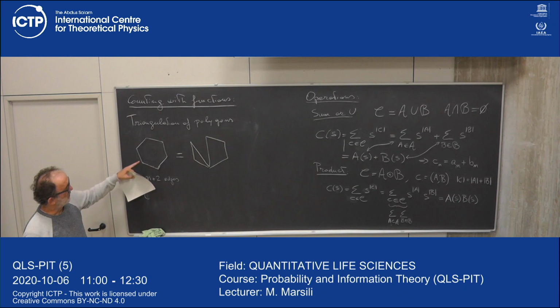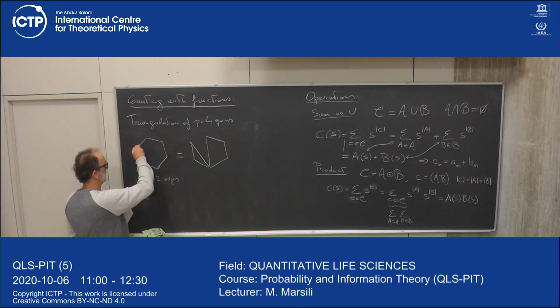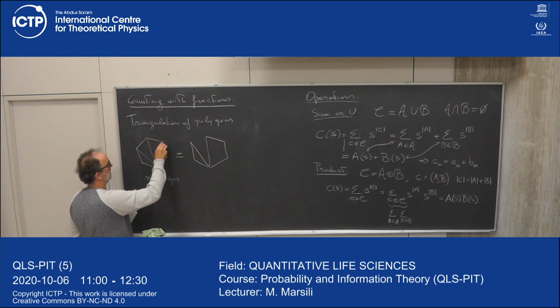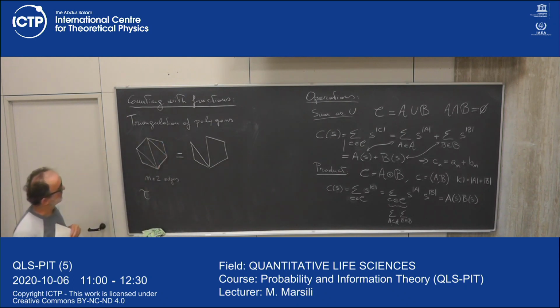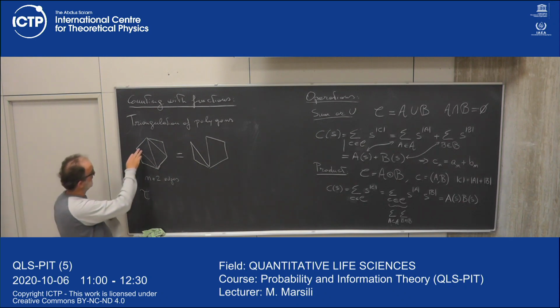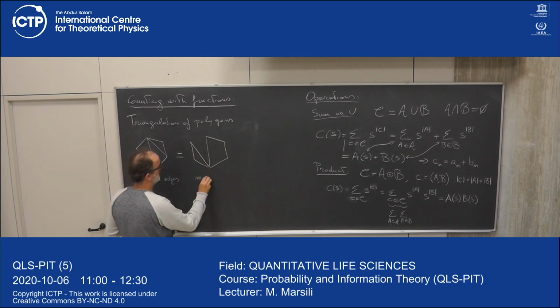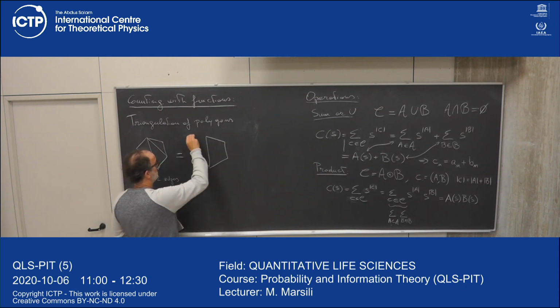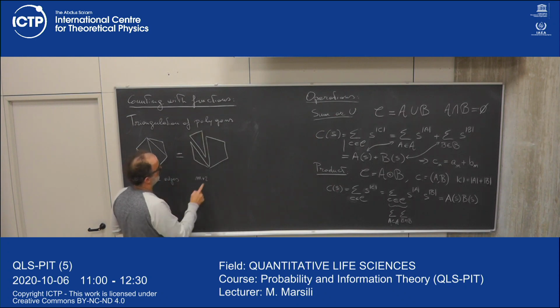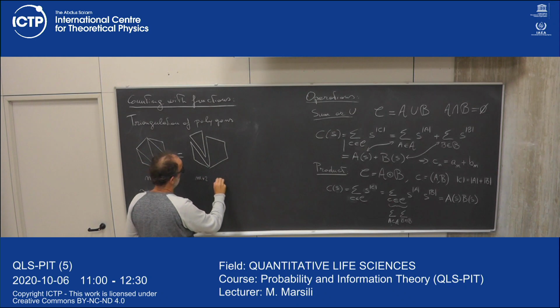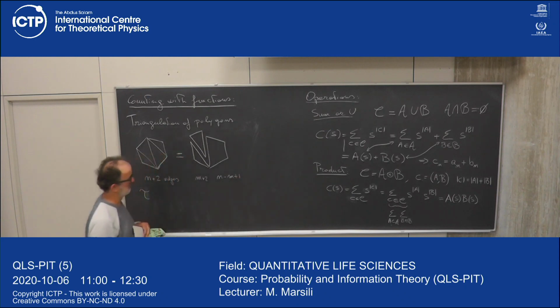Okay, so each triangulation, such as for example this one, can be represented as a triangulation of a smaller polygon of, let's say, m plus 2 edges, plus a triangle, plus a triangulation of a polygon of n minus m plus 1 edges.